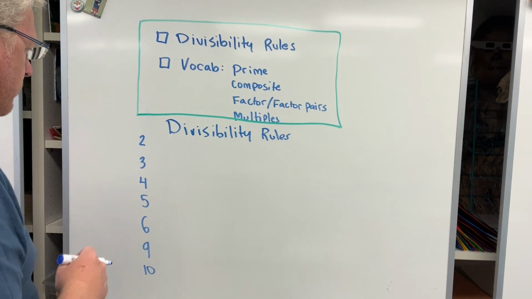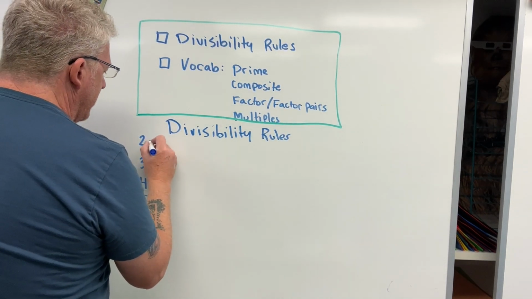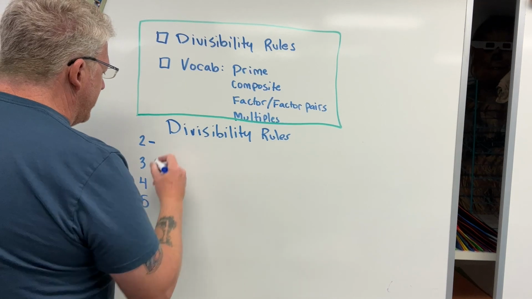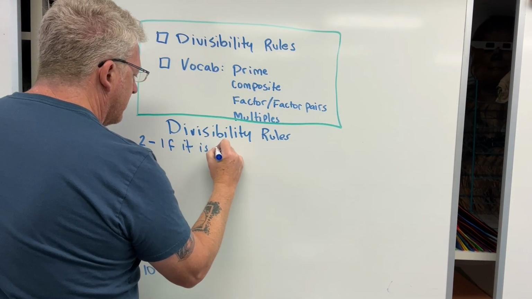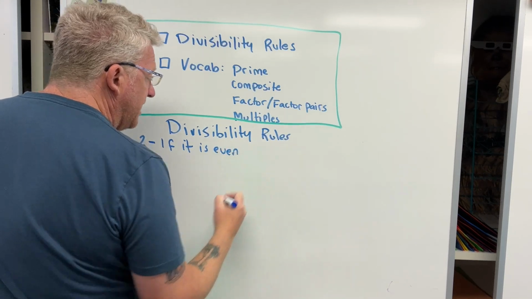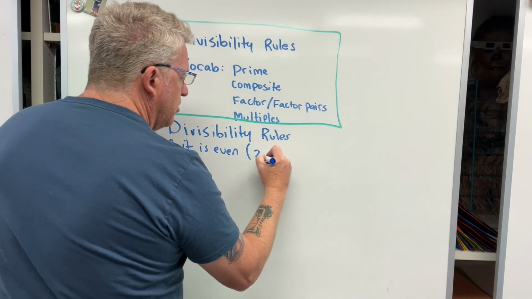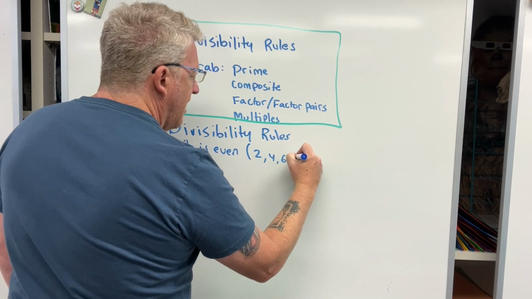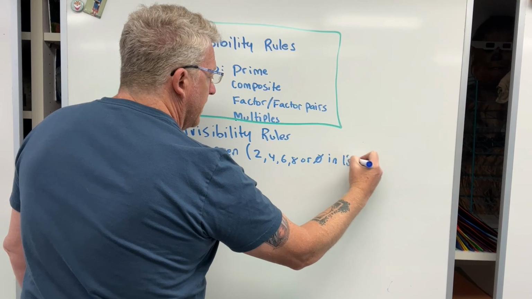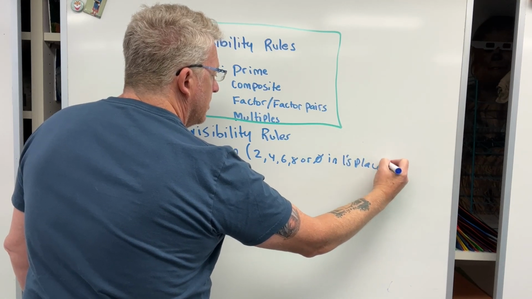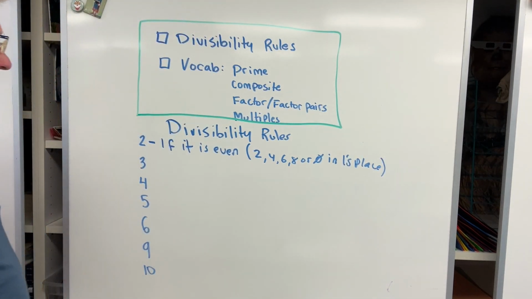So that we don't need to have a rule for that one. We discussed previously that if the number is even, if it has a 2, 4, 6, 8, or 0 in the ones place, then you know that it is divisible by 2.